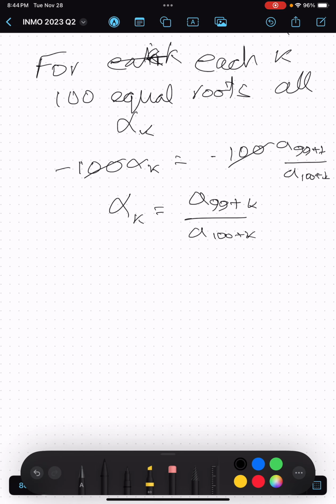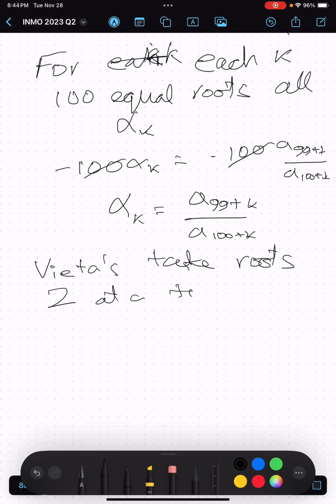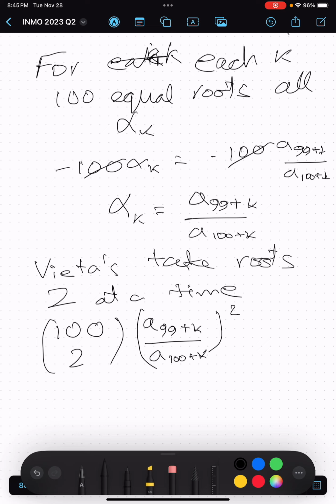Now if we use Vieta's and take roots 2 at a time, that would give us, if we take 2 at a time, there are 100 C2 different combinations and all are equal, so we'll get 100 C2, and since the roots are equal to a 99 plus k by a 100 plus k, we get a 99 plus k by a 100 plus k whole squared.